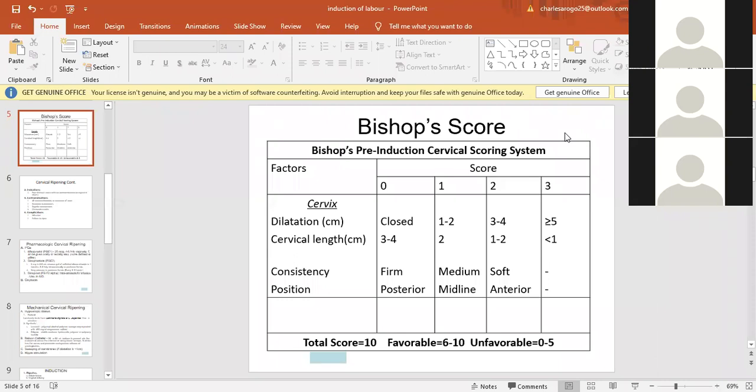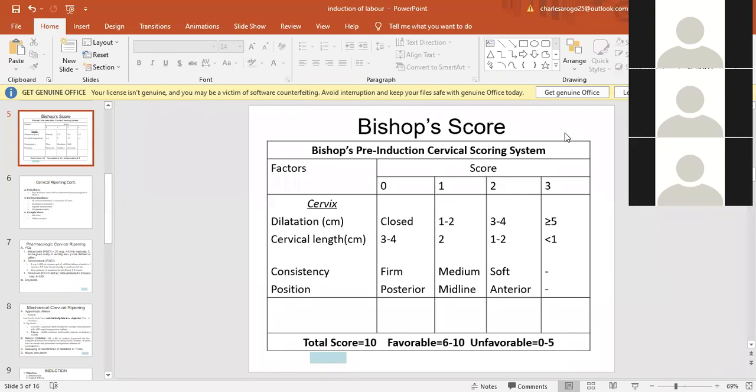So if it is ripening of the cervix, then the outcome measure for ripening is an improved cervical inducibility score. In other words, if it was less than 5, and now you are at 7 or 8, then your objective has been achieved. And it is not that if you are ripening the cervix, you expect that there will be delivery, because delivery is an objective for induction.